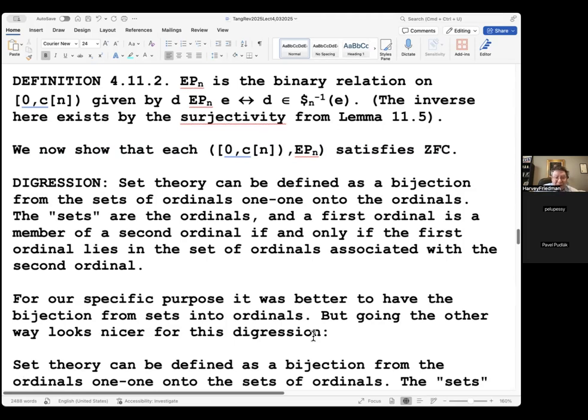The sets are the ordinals, and a first ordinal is a member of a second ordinal if and only if the first ordinal lies in the set of ordinals associated with the second ordinal. For our specific purpose, it was better to have the bijection from sets into ordinals. This avoided certain notational complications. But going the other way looks nicer for this digression.